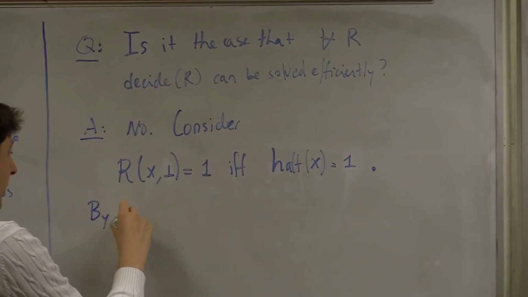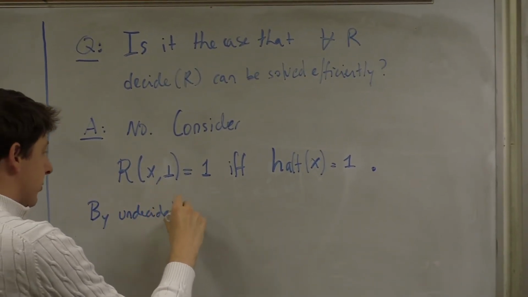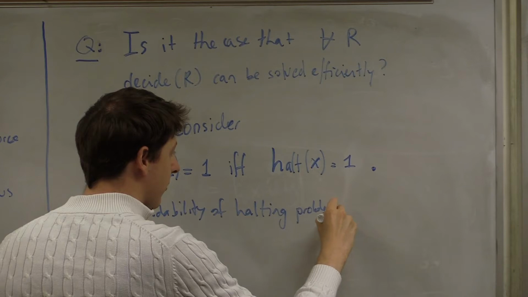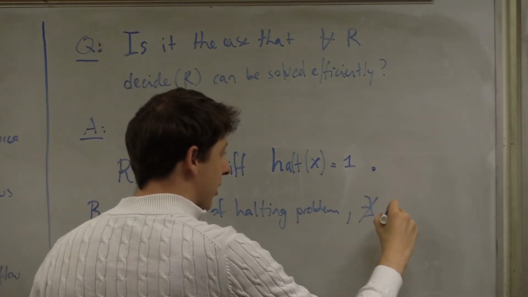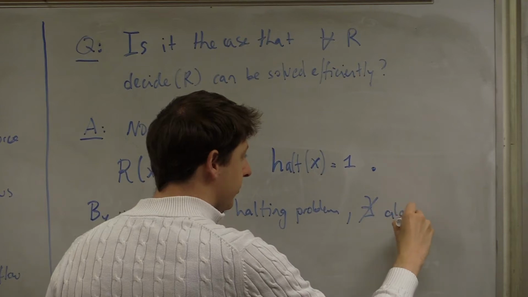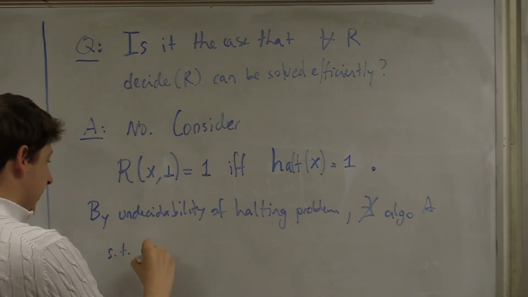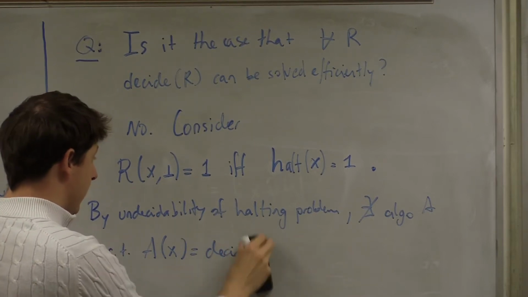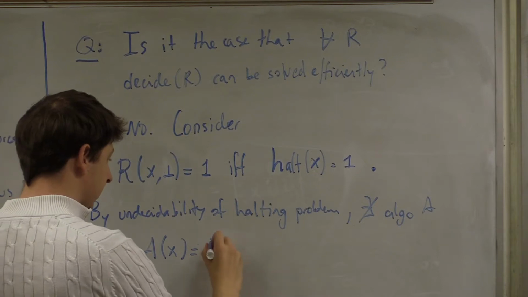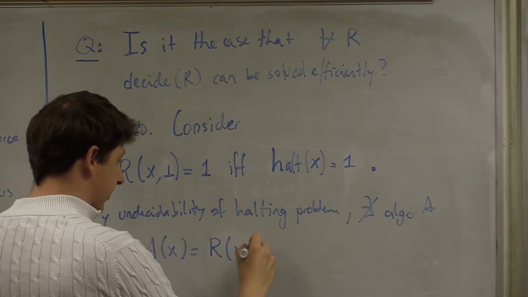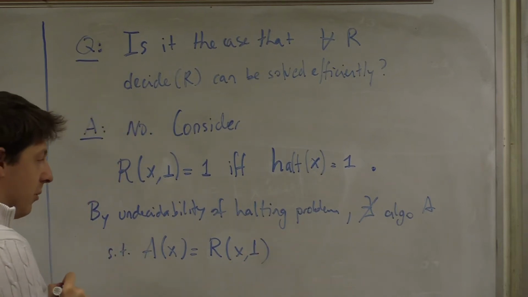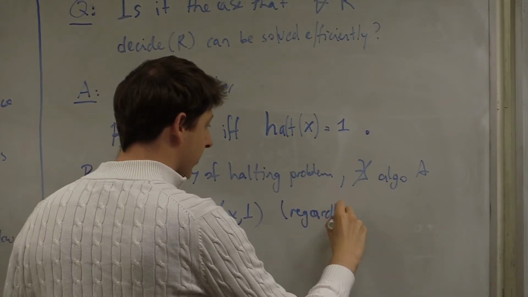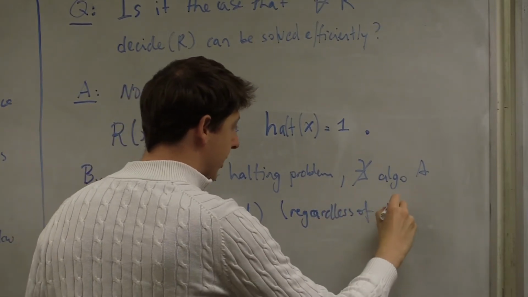So by the undecidability of the halting problem, there exists no algorithm A such that A of x equals R of (x, bottom), bottom. This holds regardless of A's running time.